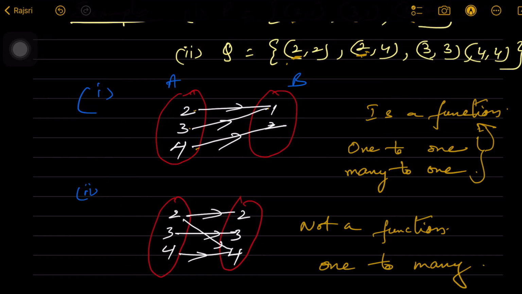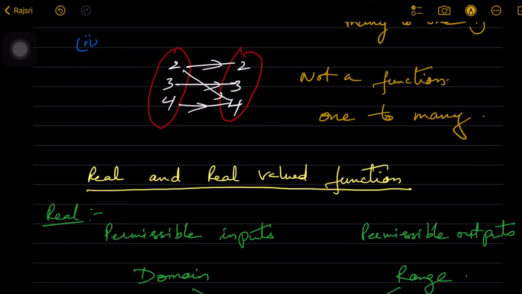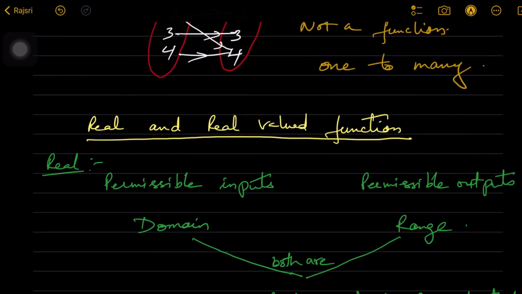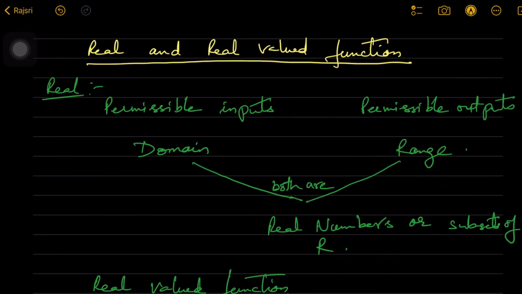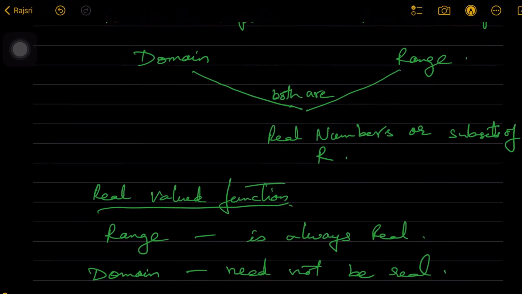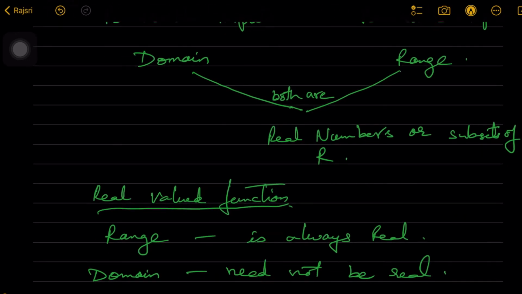Now next we'll see what is a real function and a real valued function. In this, permissible inputs are nothing but the domain, permissible outputs are the range. So both are real numbers or subsets of real numbers. And if it is a real valued function, then the range is always real and the domain need not be real.